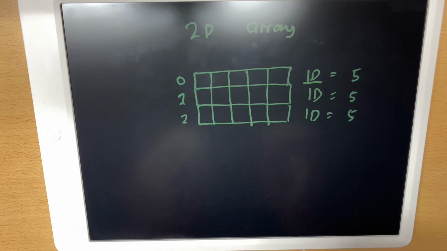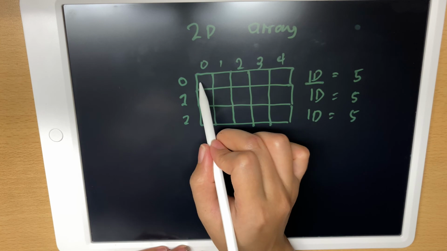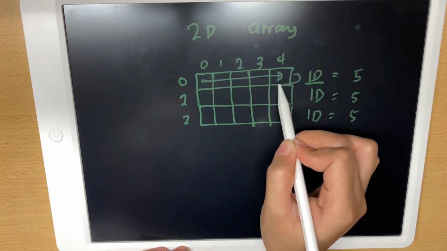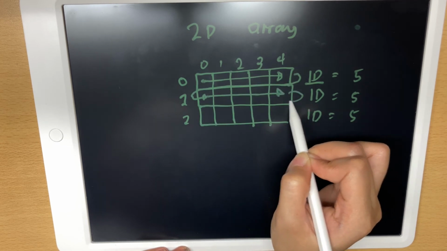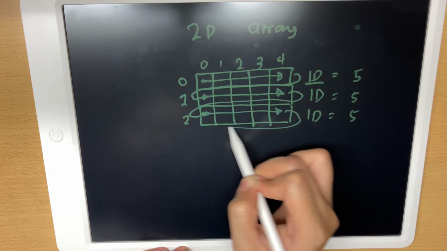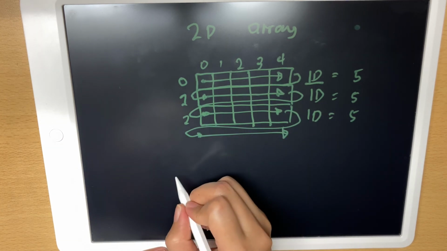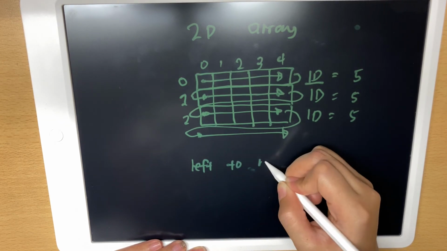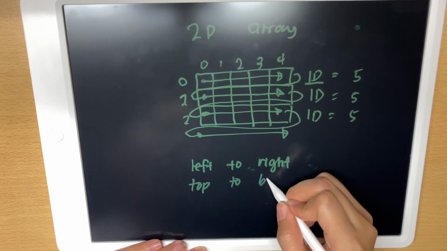And how you traverse a 2D array is starting here to here and it's ending, so proceed to the next one and traverse here and proceed to the next row and from here to here. And if you want more to add, like that, it's from left to right and from top to bottom.